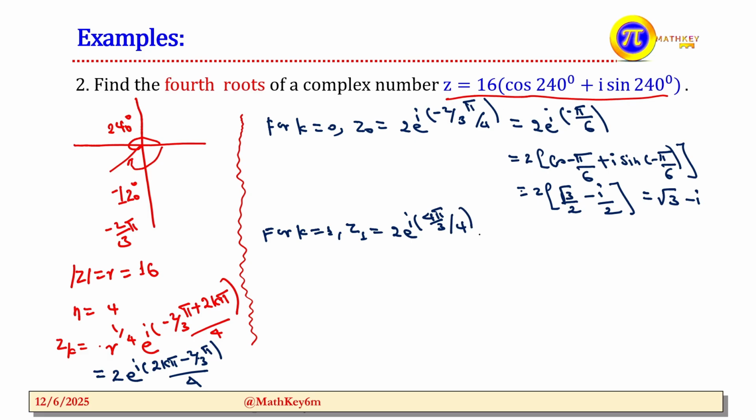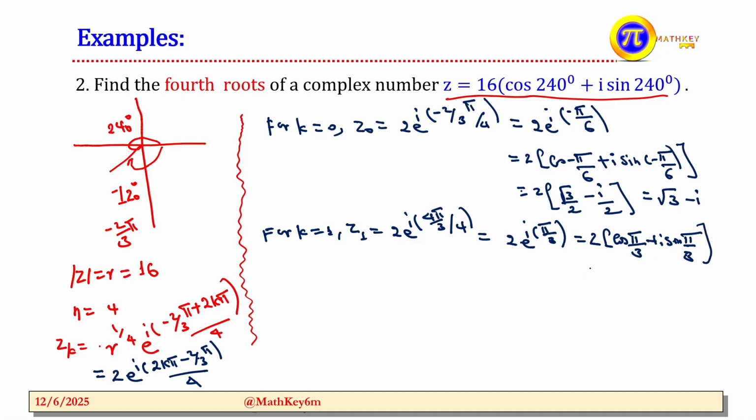The other result is equal to 2 times e to the power of i of, we cancel 4 by 4, what remains? Pi over 3. Which is equal to 2 times cos of pi over 3 plus i sine of pi over 3. Pi over 3 means that is 60 degrees.